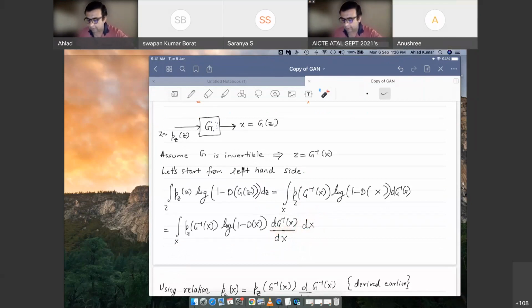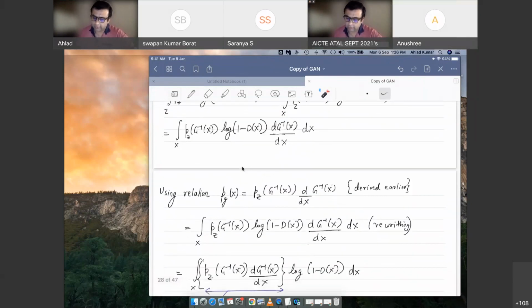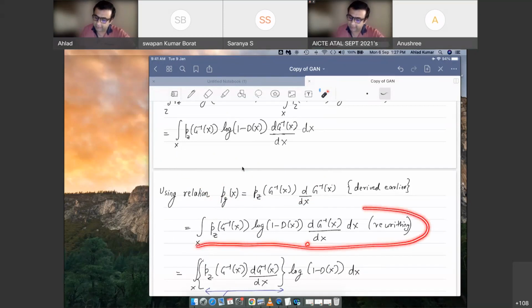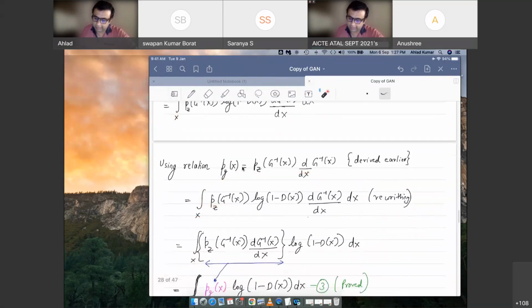Just a slight manipulation. Once you have this, you already know this derivation which we have just derived. We can put this appropriately here in this expression. So what we are getting is Pz of G inverse, and then we have log of 1 minus D of G inverse. This equation I have rewritten again, and then I am recollecting the terms.